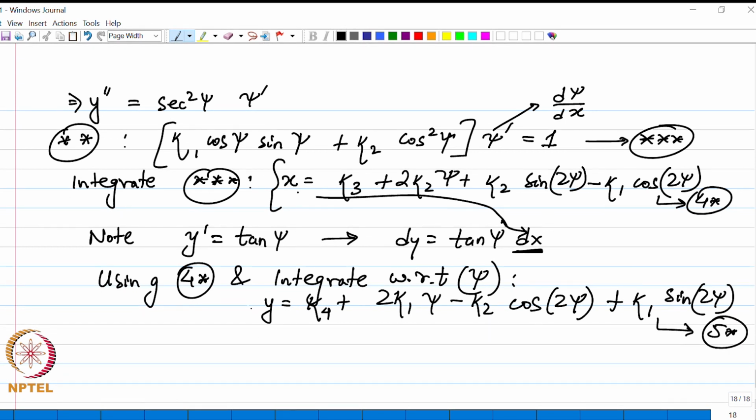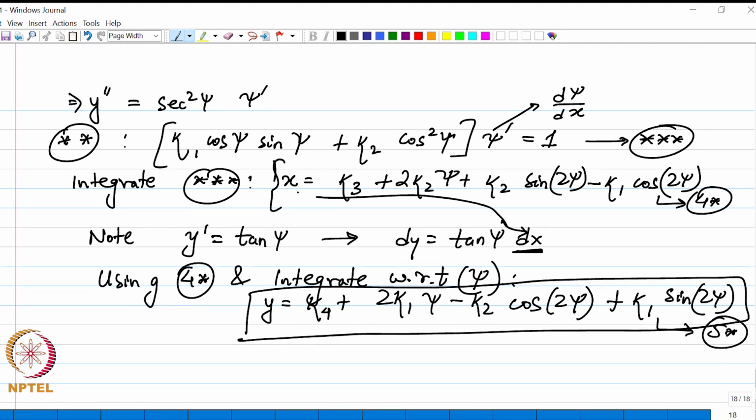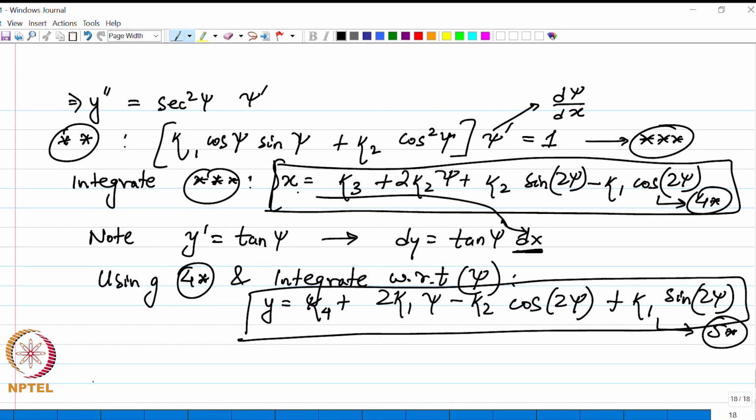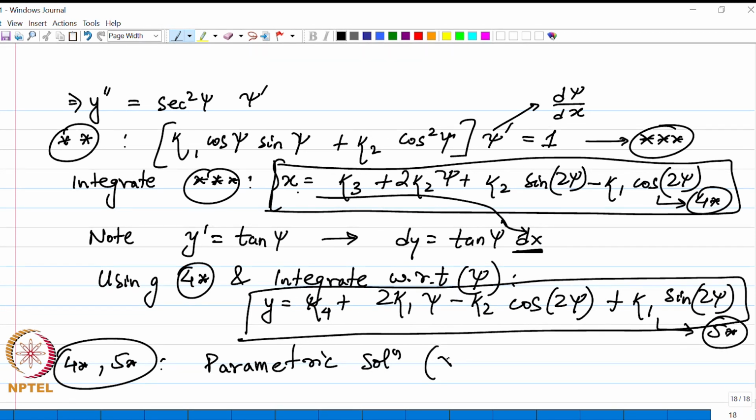So, which means that the solution is given by 5 star and 4 star here. So, my 4 star and 5 star are my parametric solution given by x of psi comma y of psi, right.